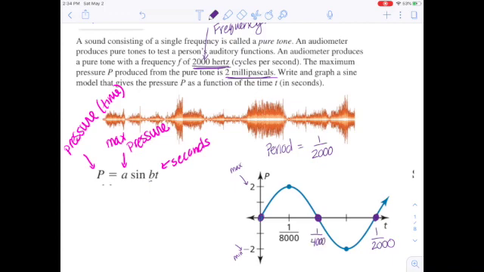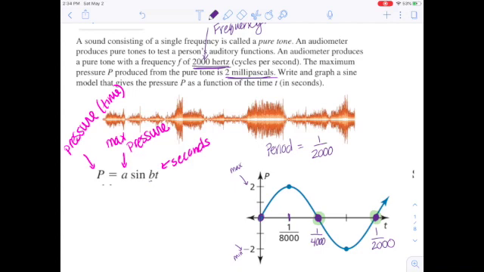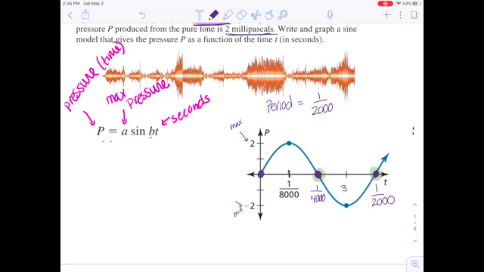Halfway between 0 and 1 over 4000 is 1 over 8000. And halfway between 1 over 4000 and 1 over 2000 would just be 3 over 8000.